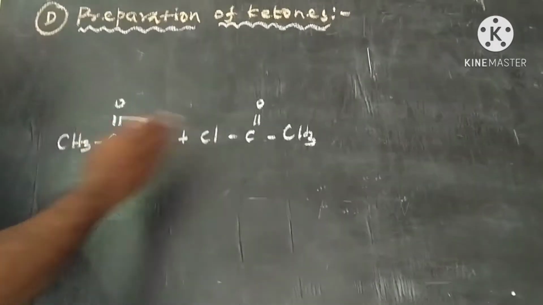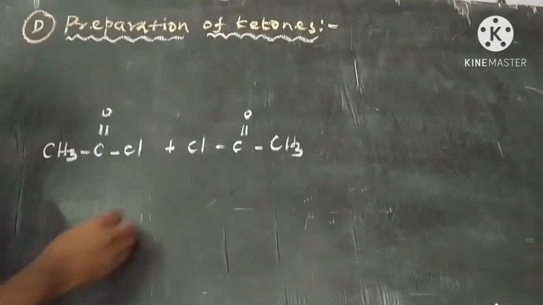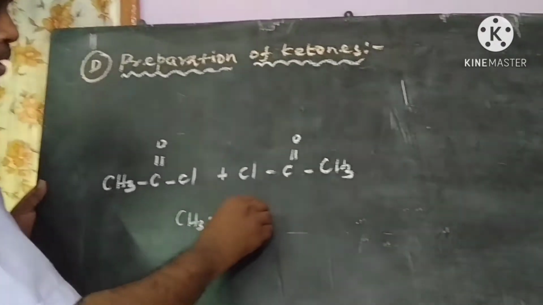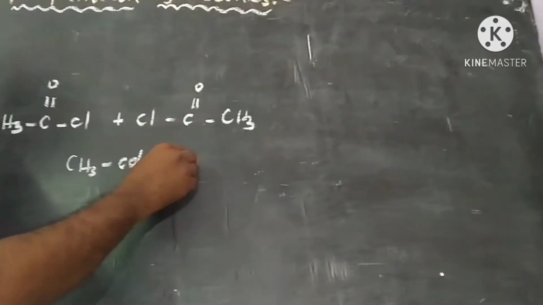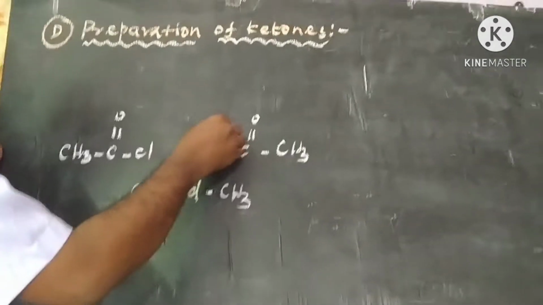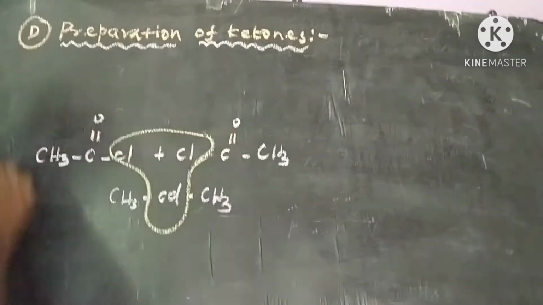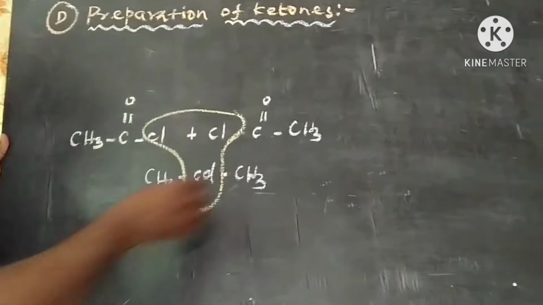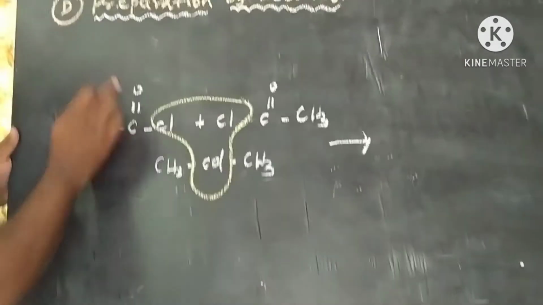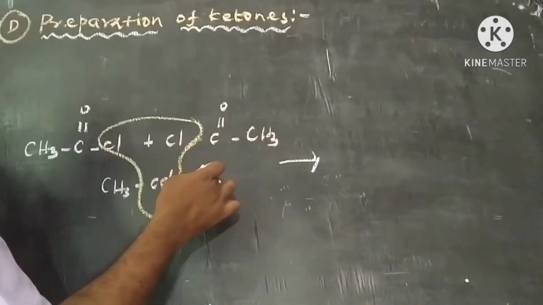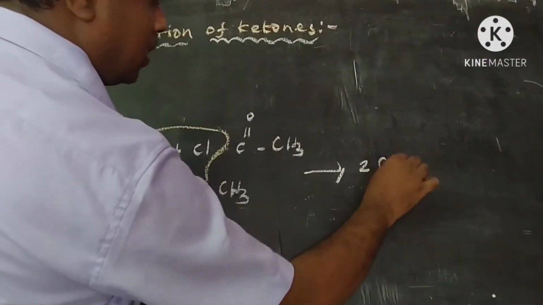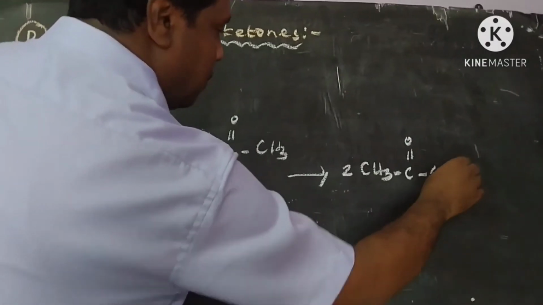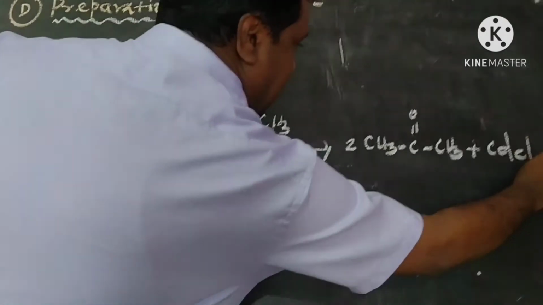Here, acetyl chloride, 2 moles, reacts with dimethyl cadmium to give CdCl2. The remaining part is CH3CO and CH3, and again CH3CO and CH3. So 2 moles of acetone are produced: C double bond O, CH3, plus cadmium chloride, CdCl2.